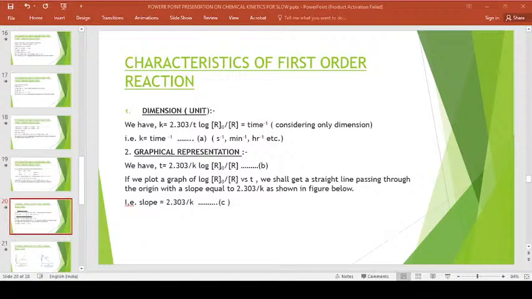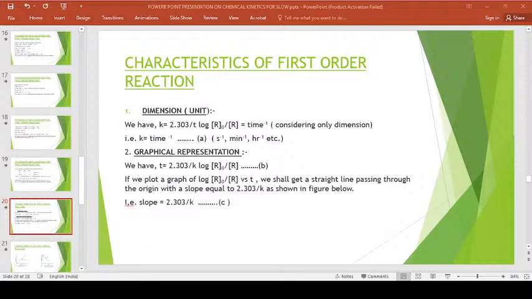Your R naught will be 100. Your R will be for 30% completion. If it is 30% completion, the value of R will be 100 minus 30. What is the value of 100 minus 30? 70. So take log of 100 divided by 70.